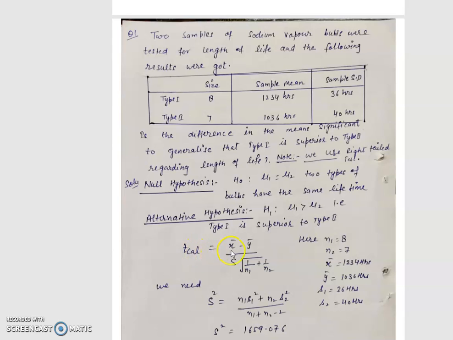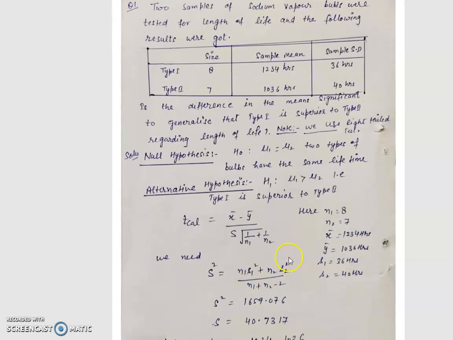T calculated is x bar minus y bar upon capital S under root 1 upon n1 plus 1 upon n2. These values are given in this numerical. n1 is 8, n2 is 7, x bar and y bar are sample means, s1 and s2 sample standard deviations, and find S square. This S square is n1 s1 square plus n2 s2 square upon n1 plus n2 minus 2.